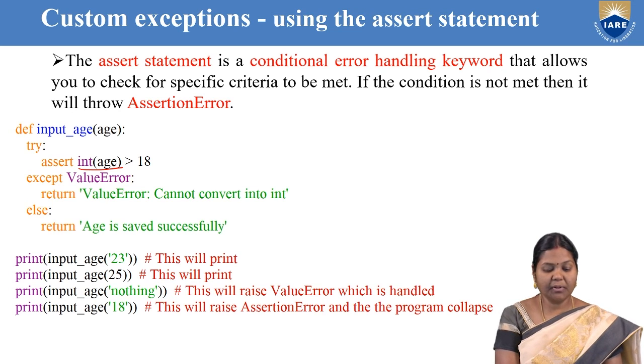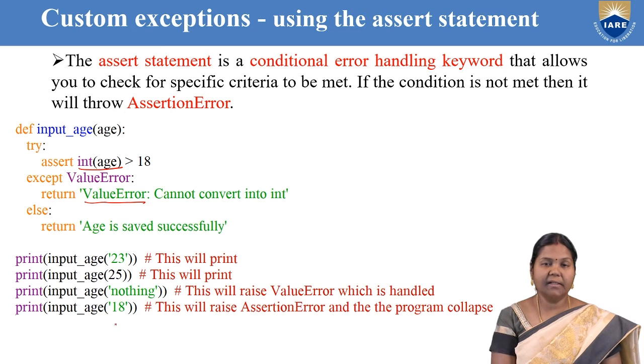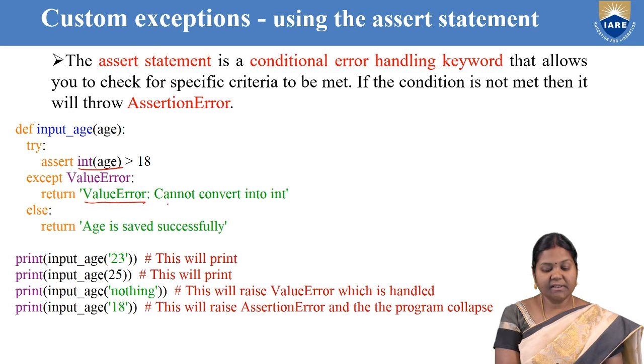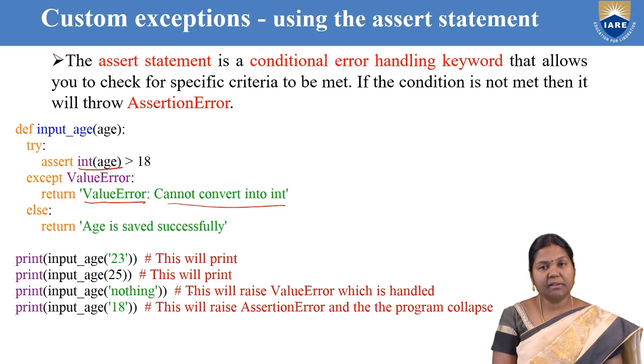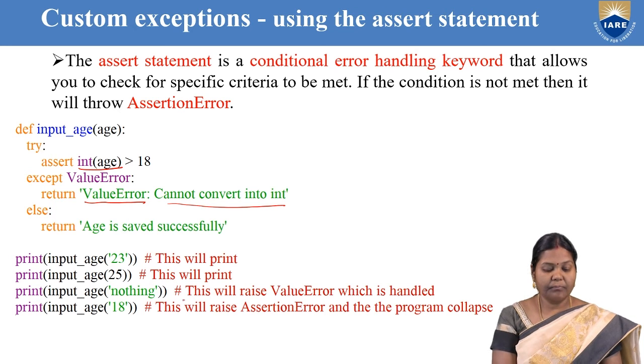So in the except block, we are writing the ValueError. If you are giving a value which is not valid, then it will generate the ValueError. That is, if you are passing a value for age and it is converted into an integer, then it checks whether it is greater than 18 or not. The ValueError says that it cannot convert into an integer if you are passing anything other than an integer. Otherwise, the age will be returned successfully.